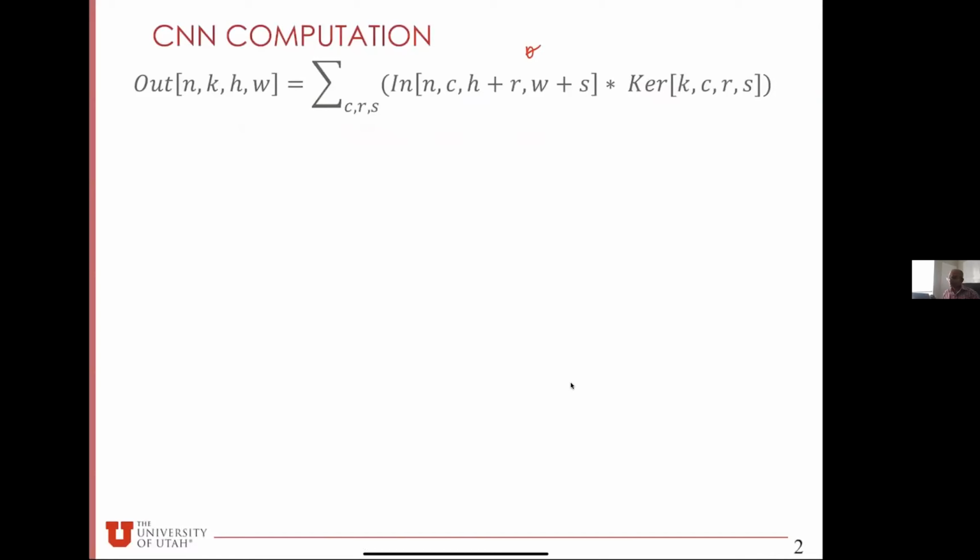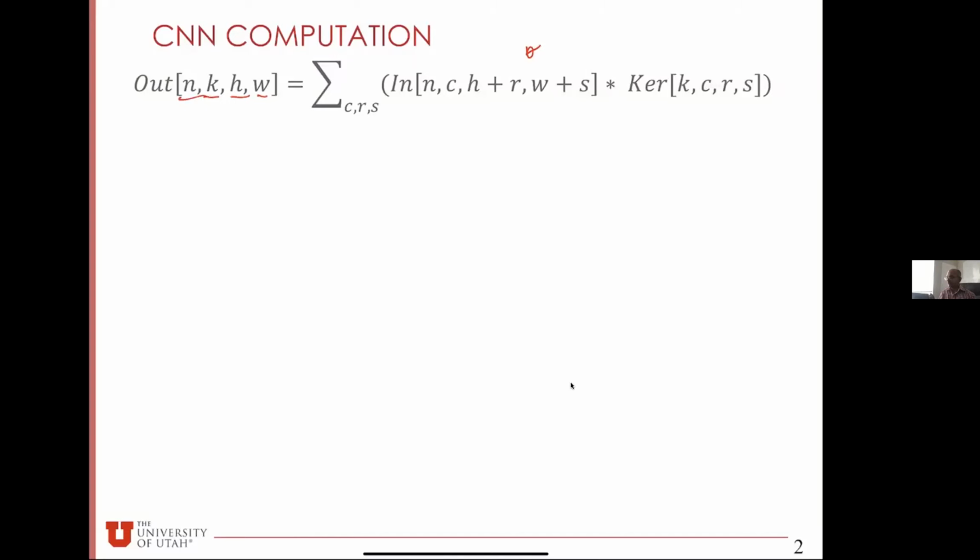Okay, so let's start with looking at a simplified version of the CNN computation, where we have three tensors, two input tensors, an input and a kernel. We have the indexes: n refers to the batch index, output channel k, height and width of the image.